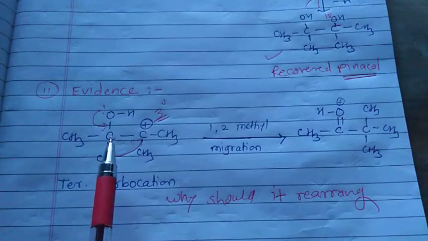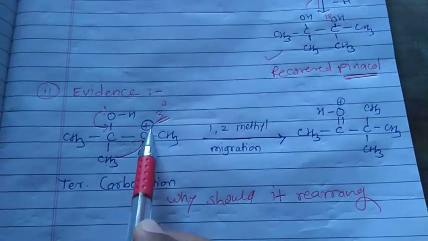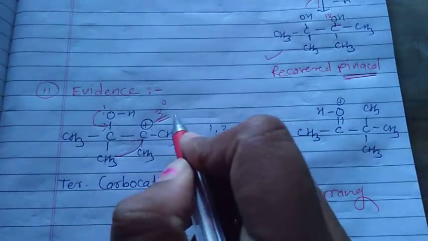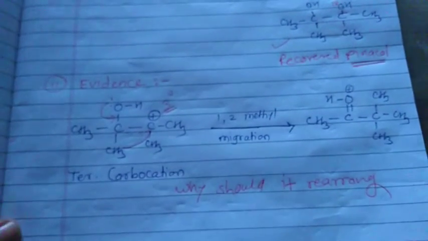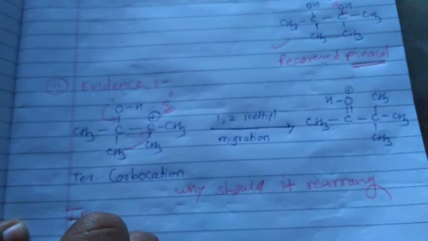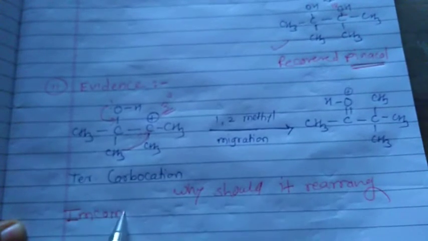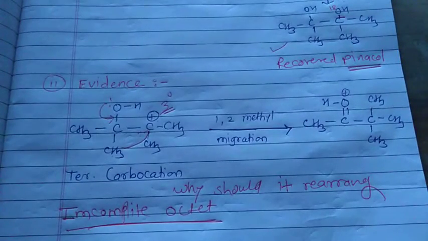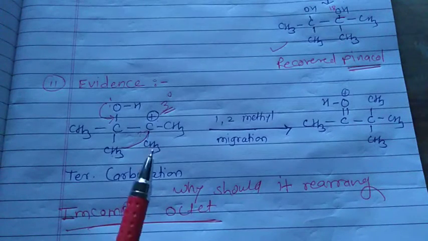Hence, whenever this carbocation is formed, it has an incomplete octet. Every molecule needs to complete its octet, then only does it form a stable structure.